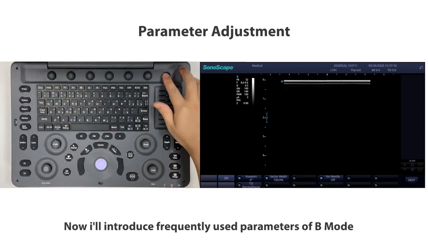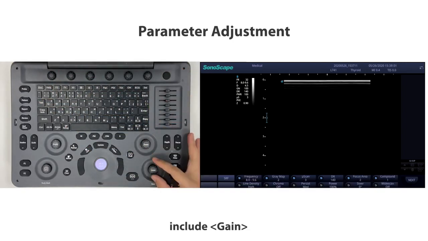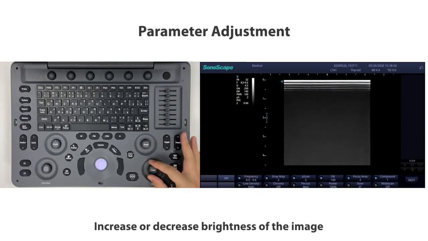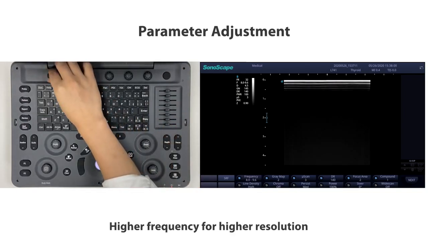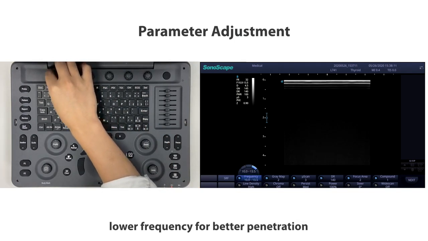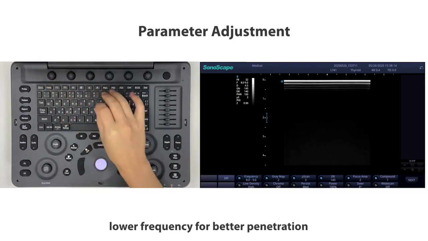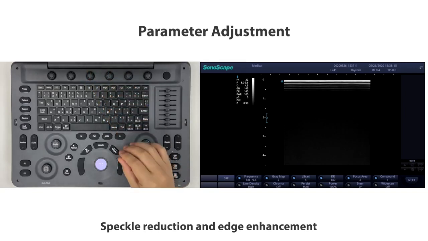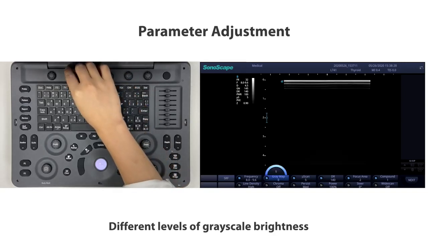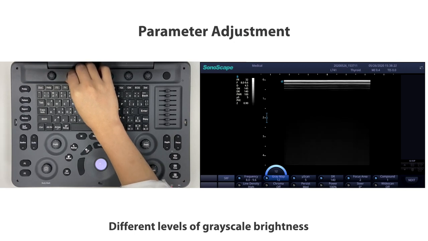Now I will introduce frequently used parameters of B mode. Gain: increase or decrease brightness of the image. Frequency: higher frequency for higher resolution, lower frequency for better penetration. Mu scan: speckle reduction and edge enhancement. Gray map: different levels of grayscale brightness.